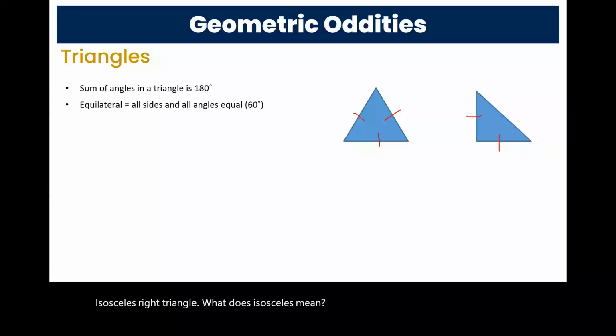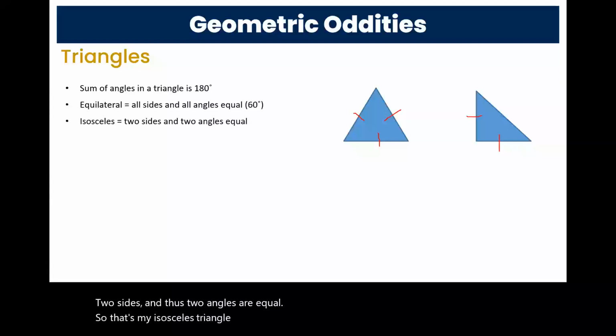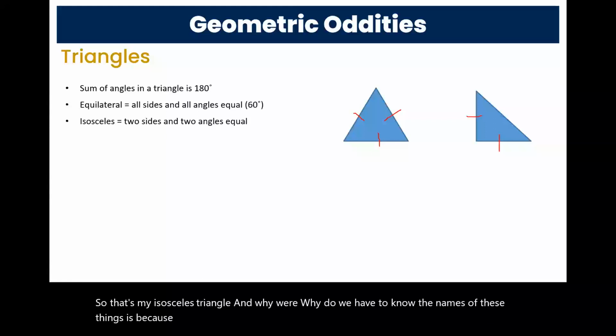Two sides and thus two angles are equal. So that's my isosceles triangle. And why do we have to know the names of these things? Because they may actually call it that in the question stem. An isosceles right triangle has blah, blah, blah.